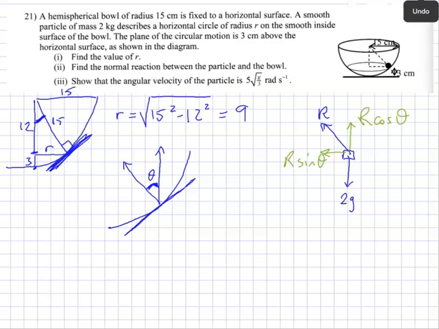If we break our normal reaction into two parts, we have cos theta, which is adjacent to the angle, and the opposite will be sine theta. So it's no different to the pendulum on the end of a string. When it's inside the sphere, the same ideas occur in terms of the use of the angle.